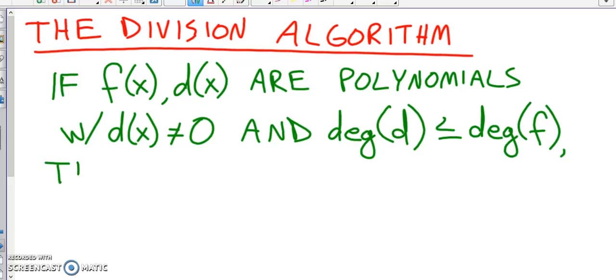Then, and I'm going to use a slightly new symbol here, so pay attention.